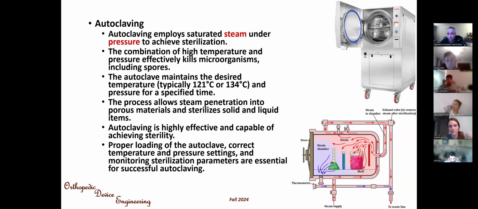If they are packed tightly, the sterilization process will not be complete. And also the package we use here must allow the penetration of the steam into it. If we use a waterproof pack, the inside of the waterproof pack will not be sterilized because the steam cannot penetrate it.